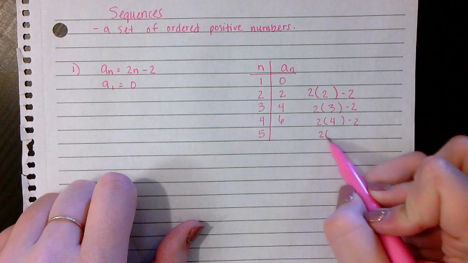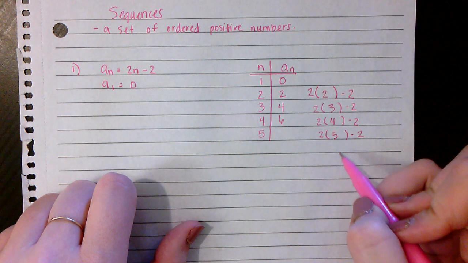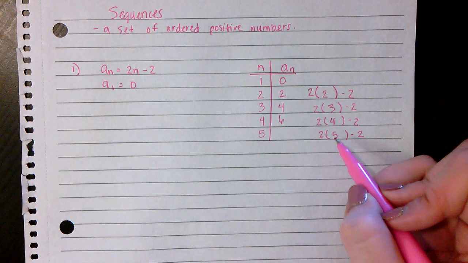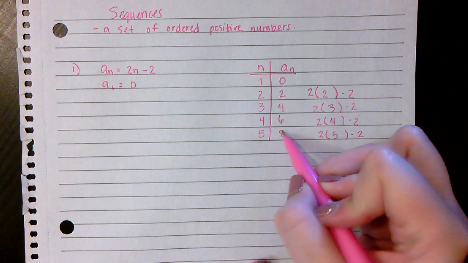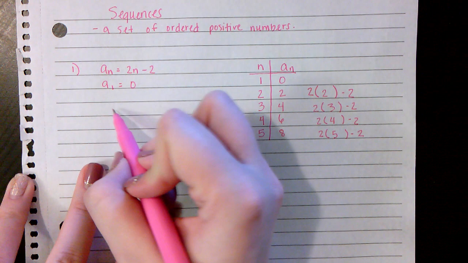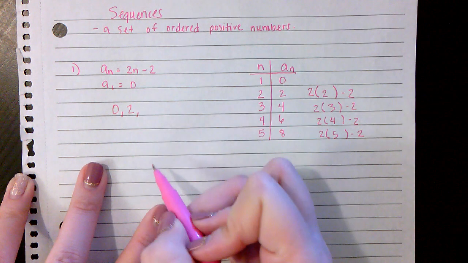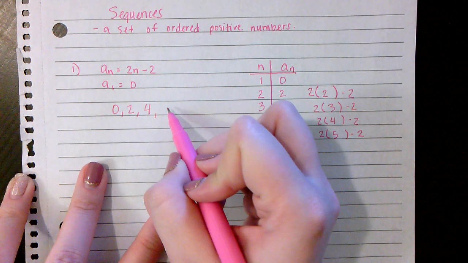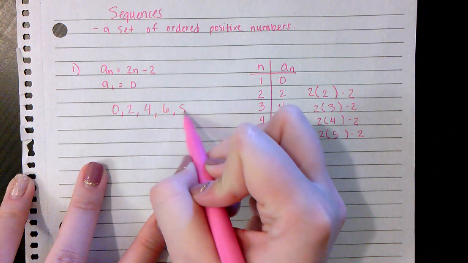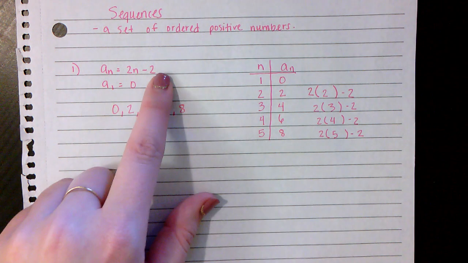So if the sequence rule is 2n minus 2, I'll put 5 in as the term number, and it'll tell me what it is. 2 times 5 is 10, minus 2 is 8. So the sequence, with the first number being 0, the next number being 2, the next number being 4, the next number being 6, and the next number being 8. This is the sequence you get when you follow this rule.